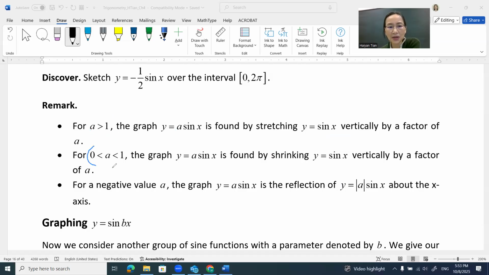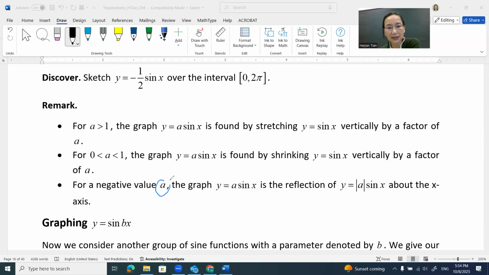But if A is positive but less than 1, for example, half or 1/3, we can get the graph of this function by vertically shrinking the basic function by a factor of A. If it's half, we shrink by a factor of half.